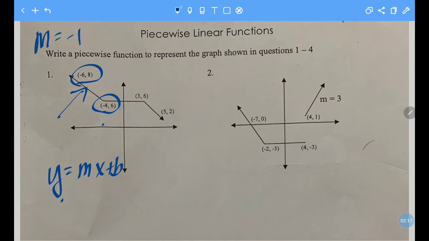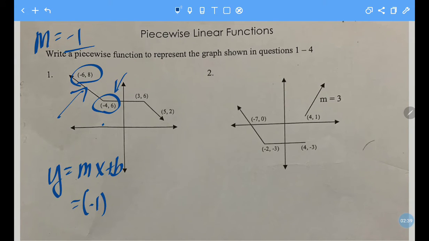I don't know if you've learned this one yet. This is called point slope. I'll do this one because that's how most people like to do it. I have my slope, -1, so I'll put a -1 there.